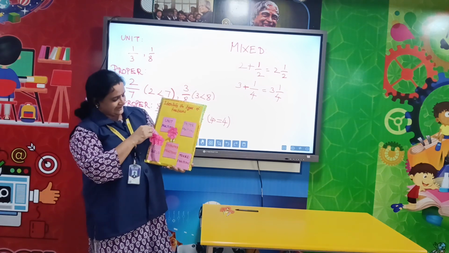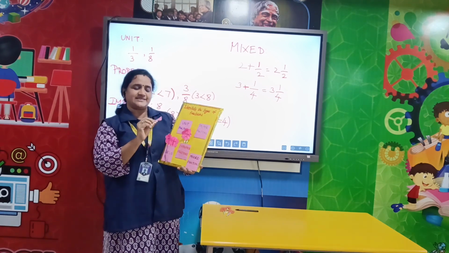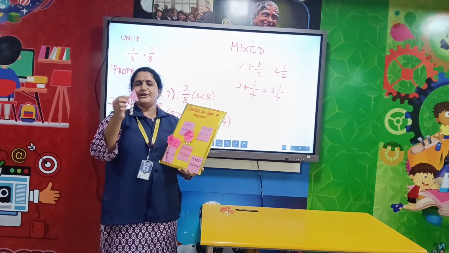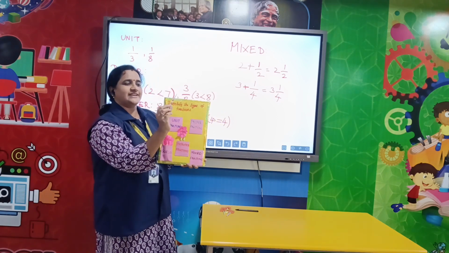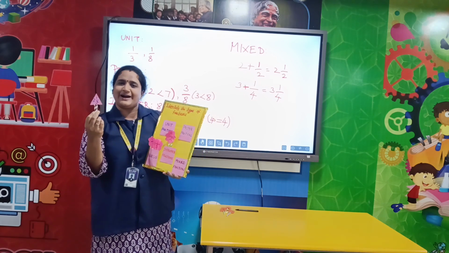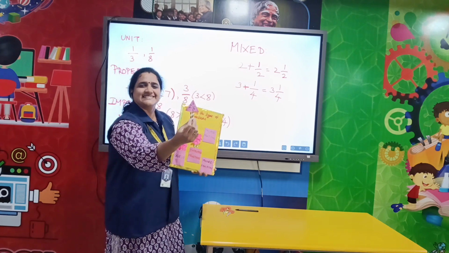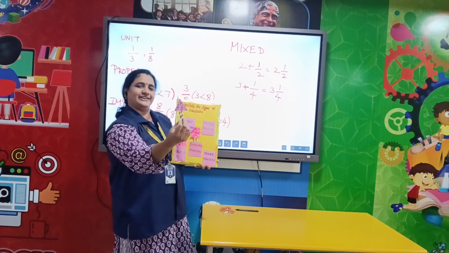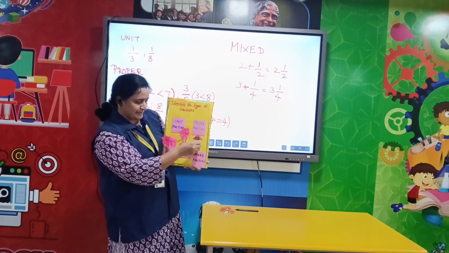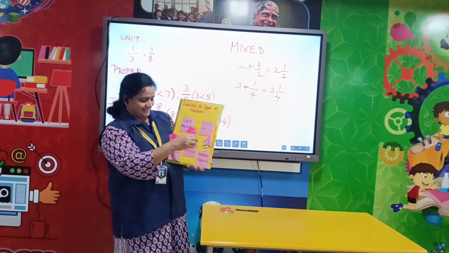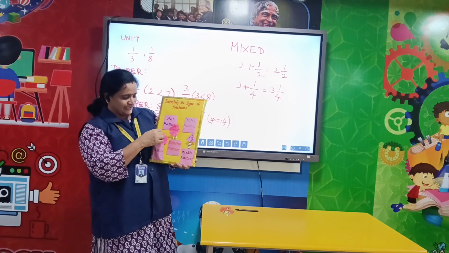Yes, good. Next, what is this? What does this triangle denote? 2, 1 by 3. What fraction is this? By seeing this itself, you are able to identify this is a mixed fraction. Good. So we are going to drop this into the mixed fraction basket. You all understand, right? Good.